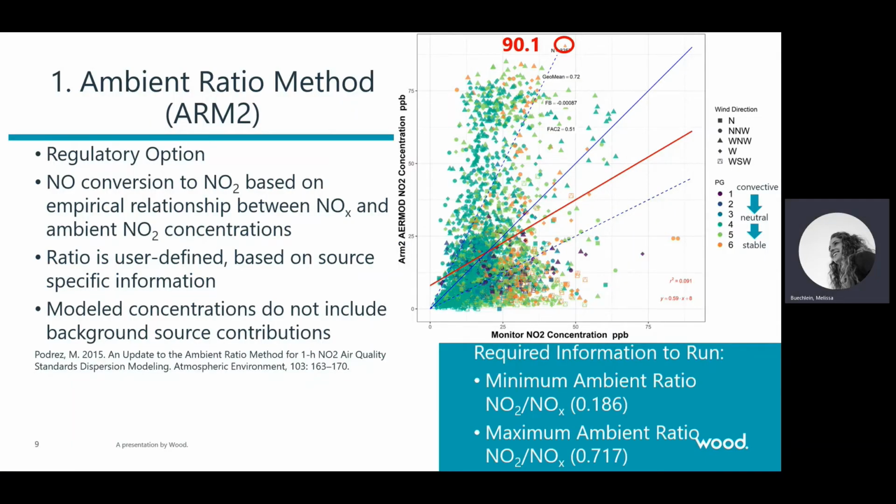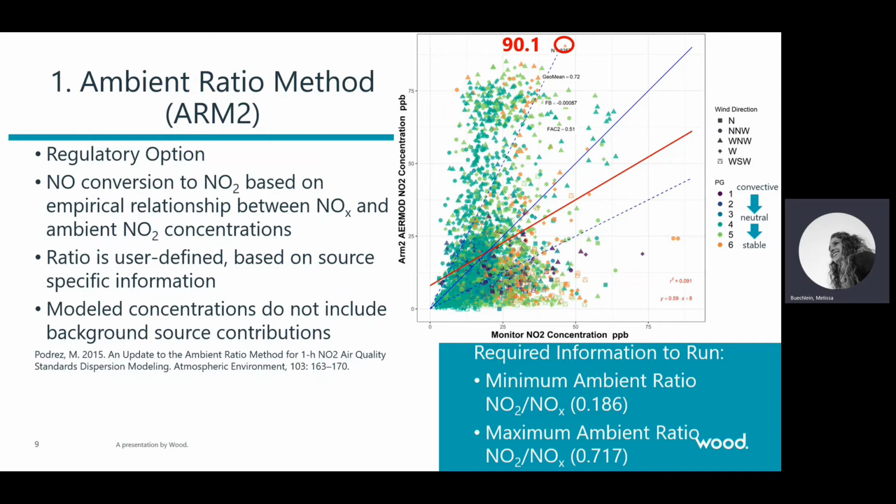The first chemistry option we examined was the ARM2 option. It is one of the methods approved for regulatory purposes. The ARM2 method estimates NO to NO2 conversion based on an empirically derived relationship between NOx and NO2 concentrations from varied locations throughout the United States.